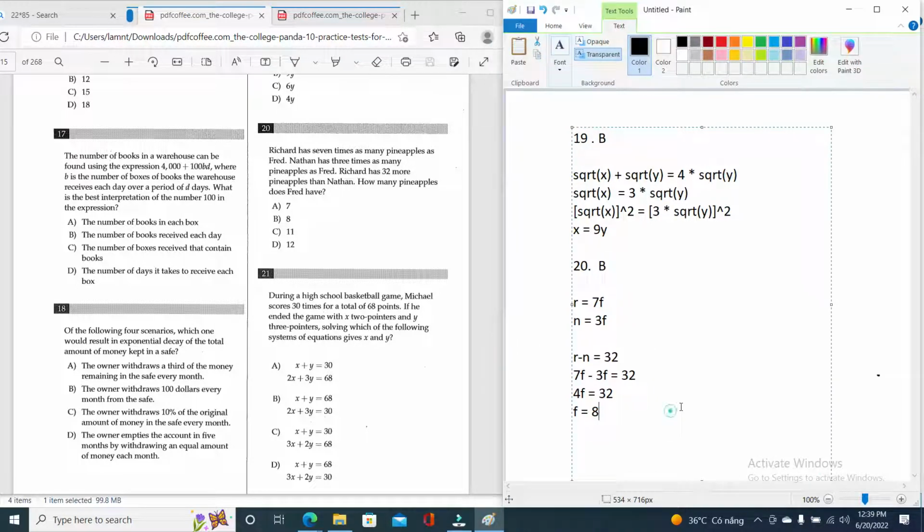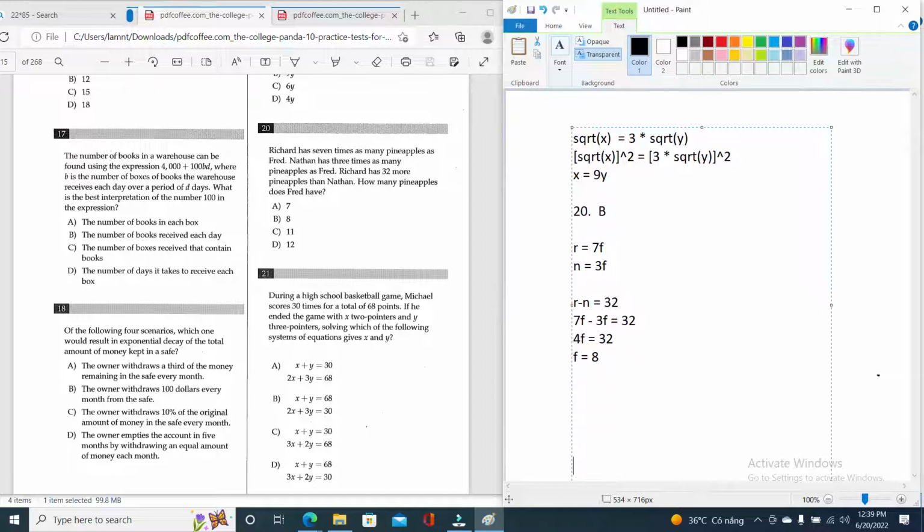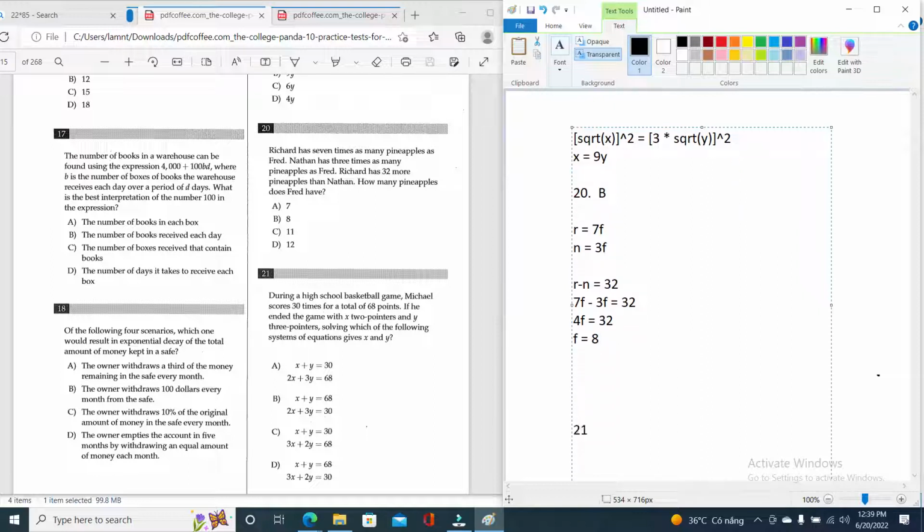Number 21. Okay. So during a high school basketball game, Michelle scored 30 times for a total of 60 points. If he ends the game with X 2-pointers and Y 3-pointers, so he actually scored 30 times, right?